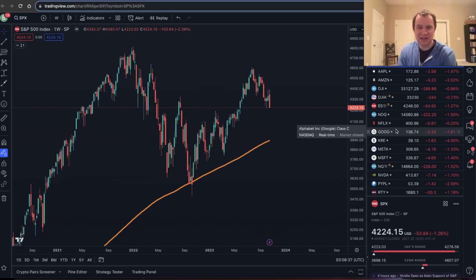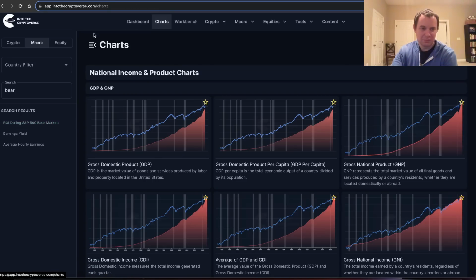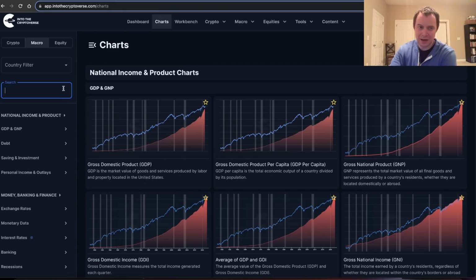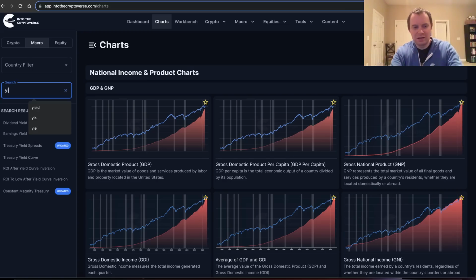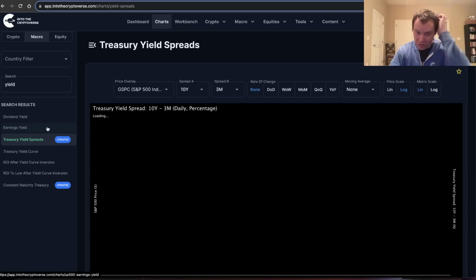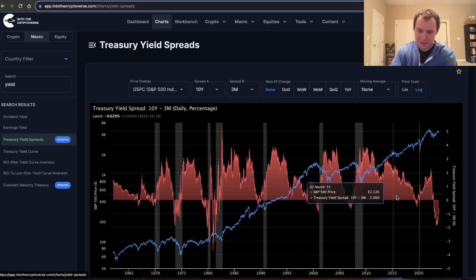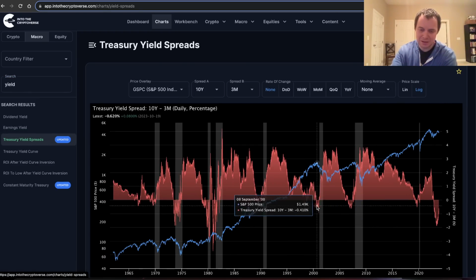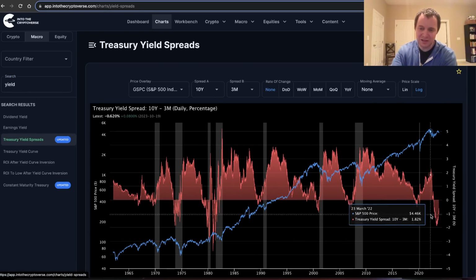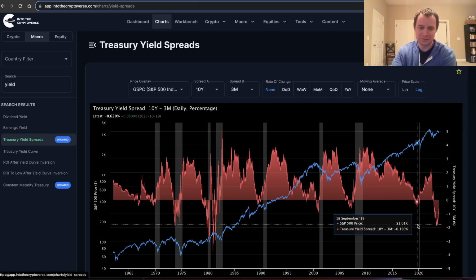And just because it has been a year or more after yield curve inversion does not mean that you should say that a recession is off the table. That would be a mistake. It still doesn't mean that a recession is going to happen, but history is our guide, and history shows us that in the last several business cycles, the recession did not occur until the uninversion of the yield curve.